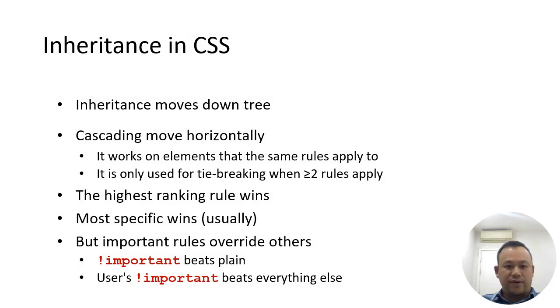For inheritance in CSS, inheritance controls what happens when no value is specified for a property on an element. So CSS properties can be categorized into two types: inherited properties and non-inherited properties.